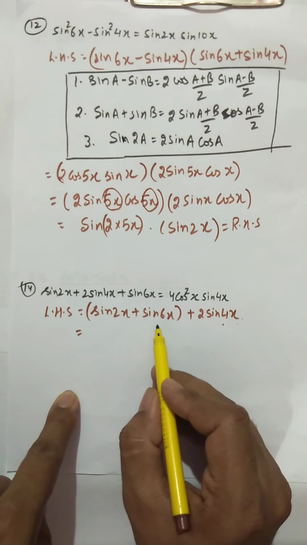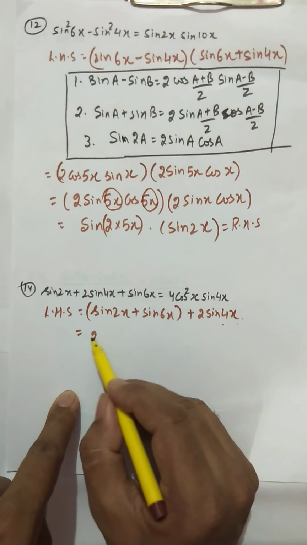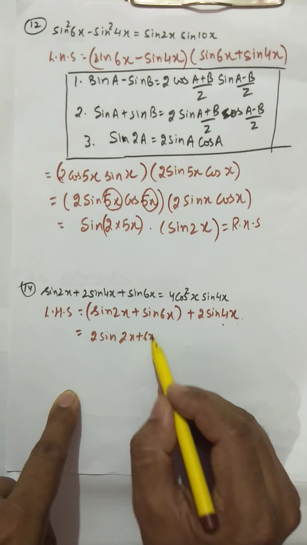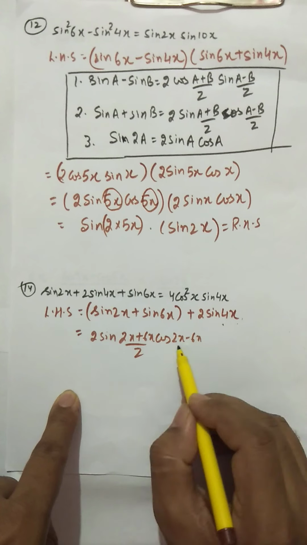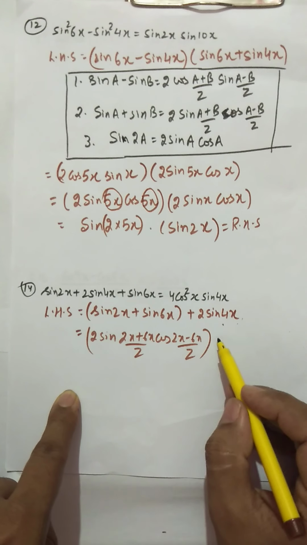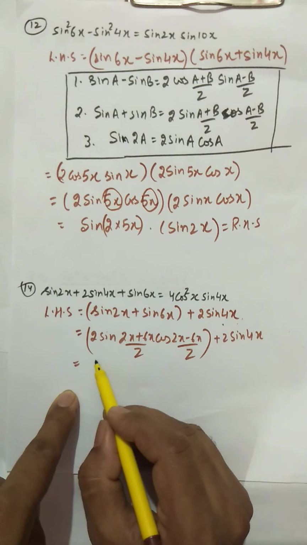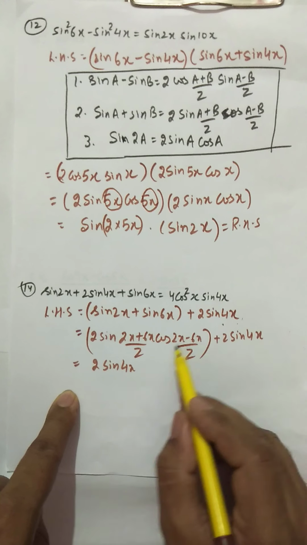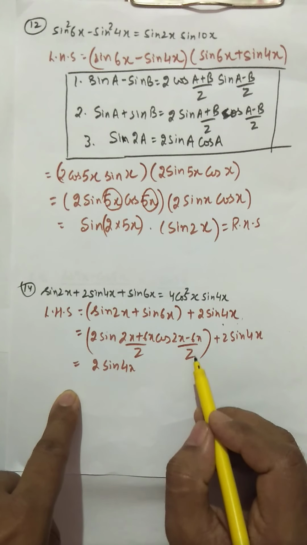So now apply the formula sine A plus sine B. It's 2 sine (2x plus 6x)/2 cos (2x minus 6x)/2, and this is plus 2 sine 4x. So this becomes 2 sine 4x, since 8x by 2 is 4x, and 2x minus 6x is minus 4x, by 2 is minus 2x.